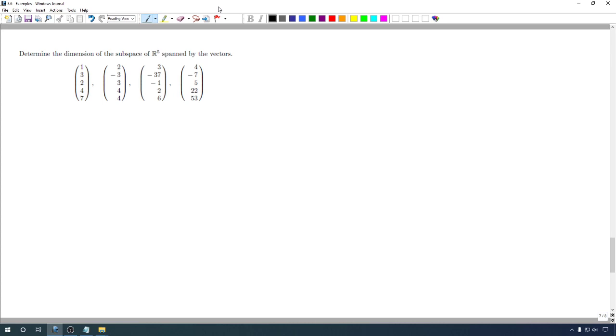What we can actually do is think about these as columns of a matrix. So we're going to form a matrix where these are the columns.